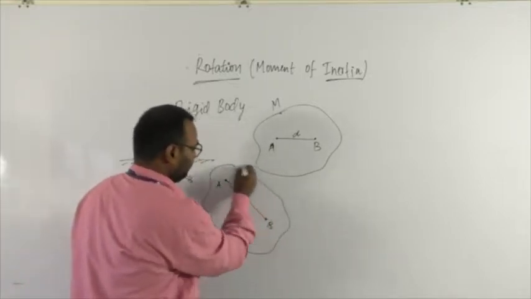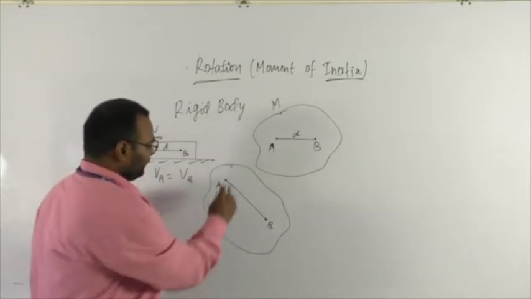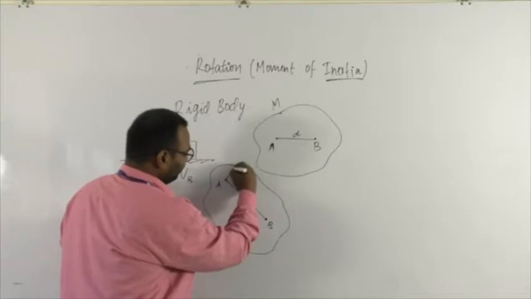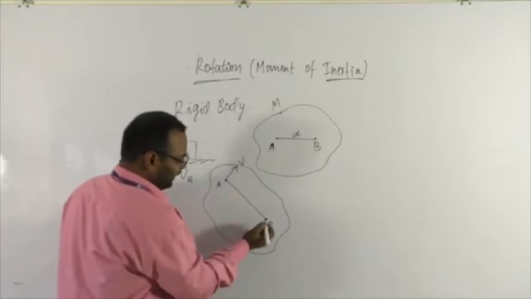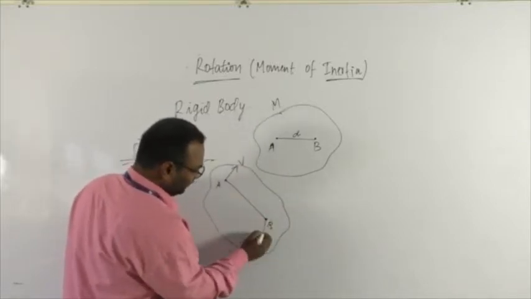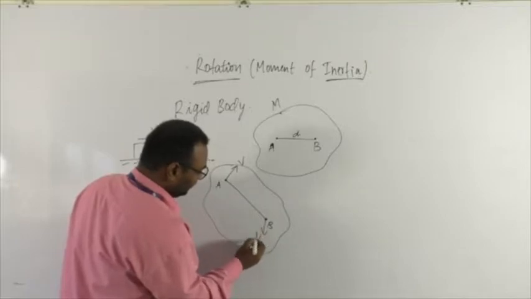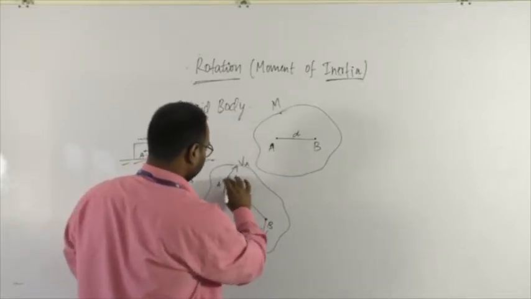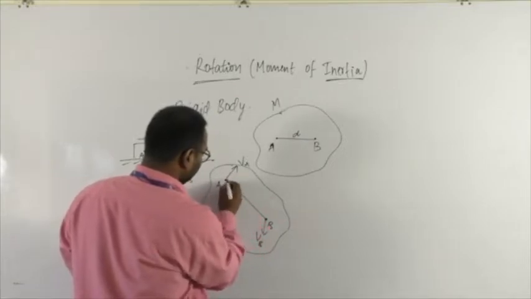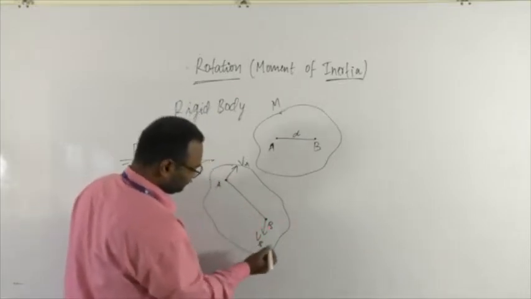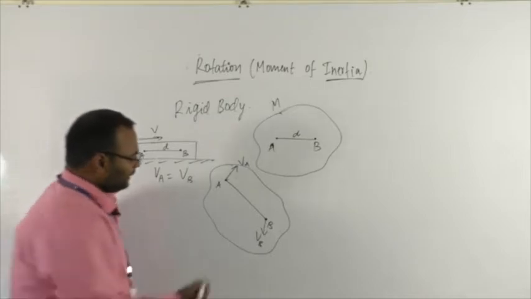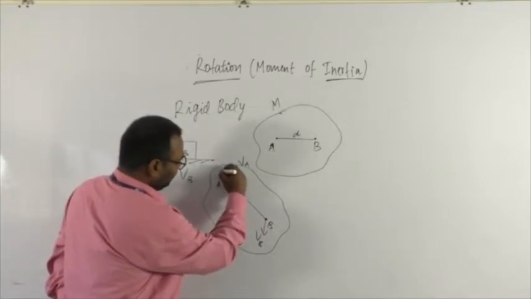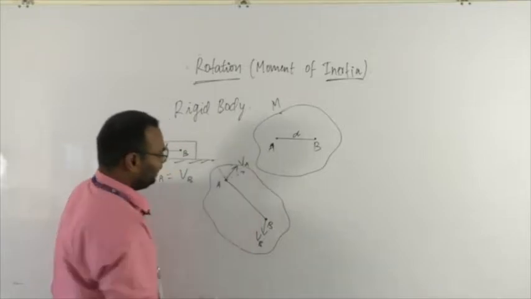Now say these two are points inside this mass, and this is having some velocity vA here and this is having some velocity vB here, at some angle theta, like this. Now if you see this component of velocity, it has two components, along this and along that one.